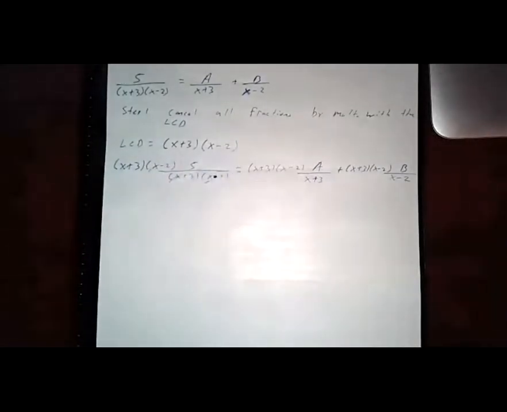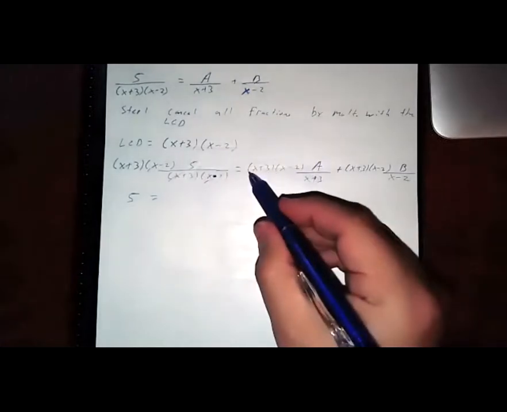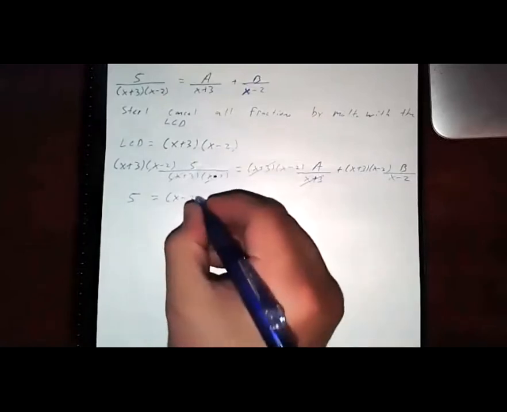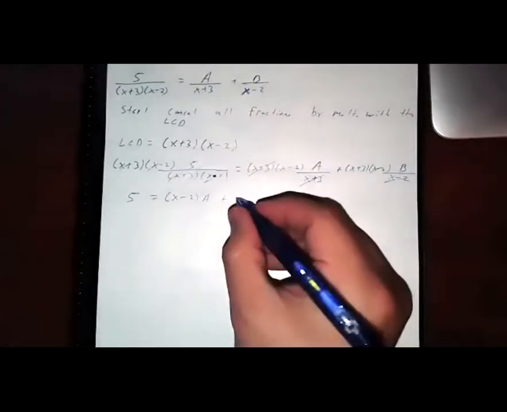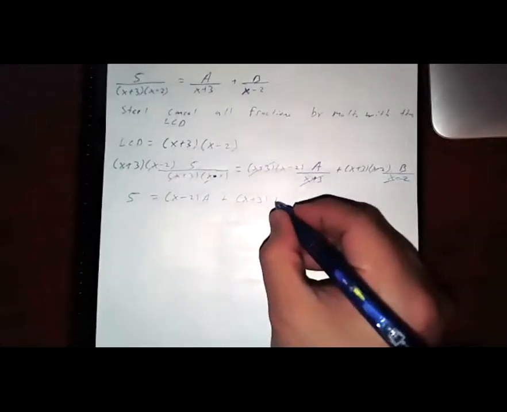So at this point, we'll lose all our fractions. Do you see how this will cancel, right, completely? Leaving me just 5 right here. So 5 will equal, and then this x plus 3 cancels with that x plus 3, leaving you with x minus 2 times a, plus x minus 2's cancel here, leaving you with x plus 3 times b.